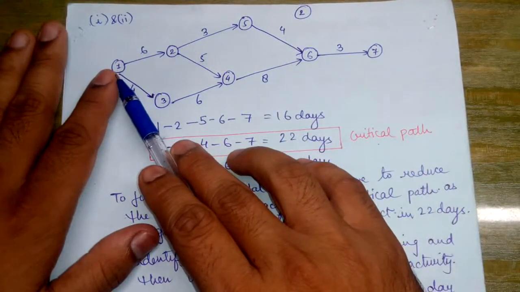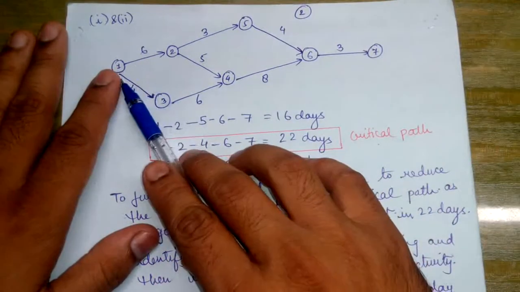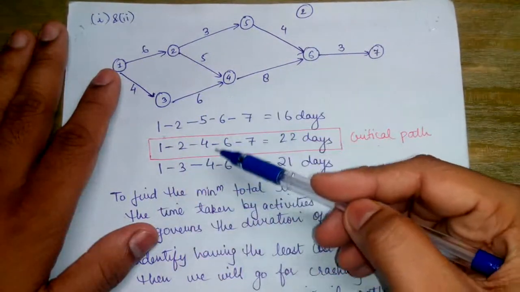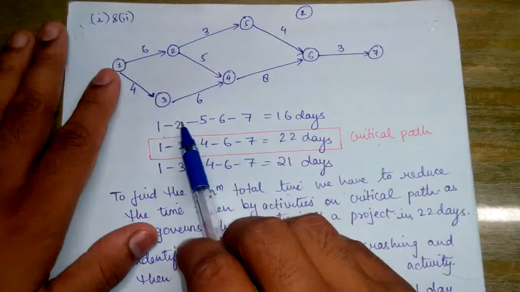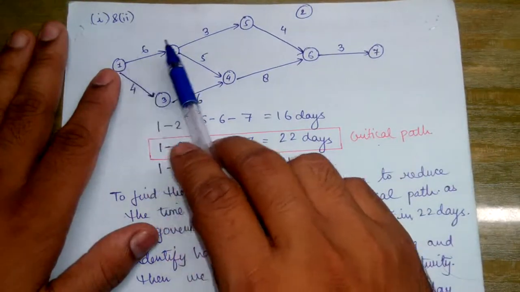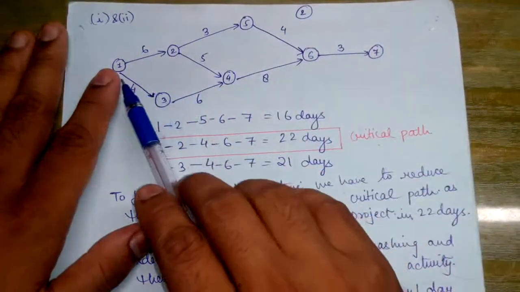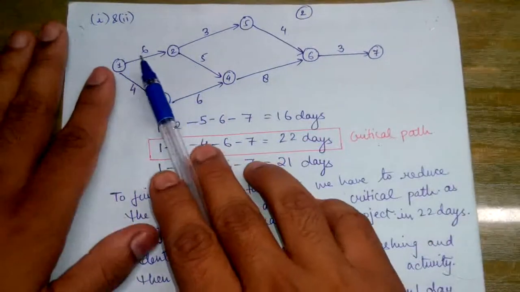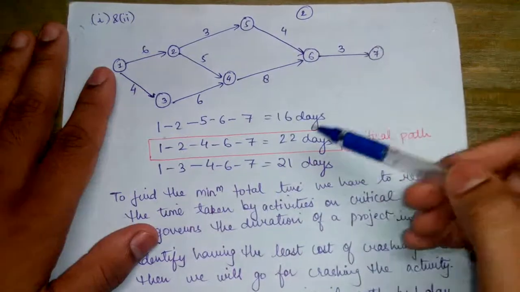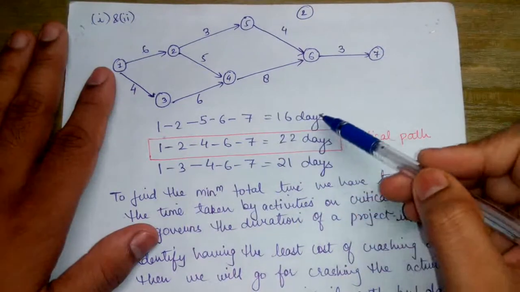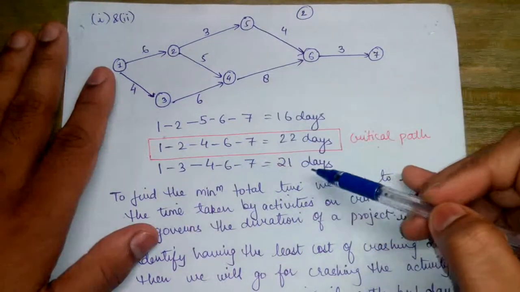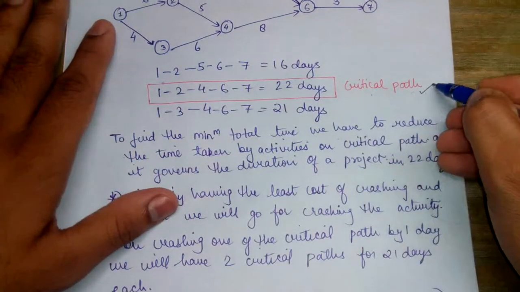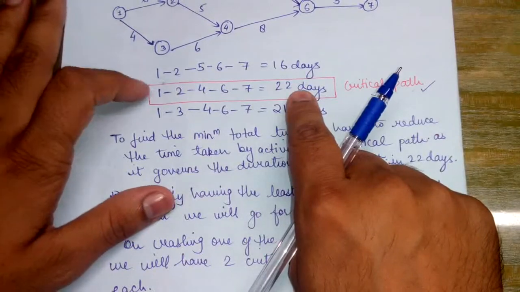So by moving from 1 to 7, 3 paths are possible: 1 2 5 6 7, next is 1 2 4 6 7, and the next is 1 3 4 6 7. So we will write all the 3 possible paths and correspondingly we will calculate the number of days which are required. The path which requires the maximum number of days becomes the critical path.